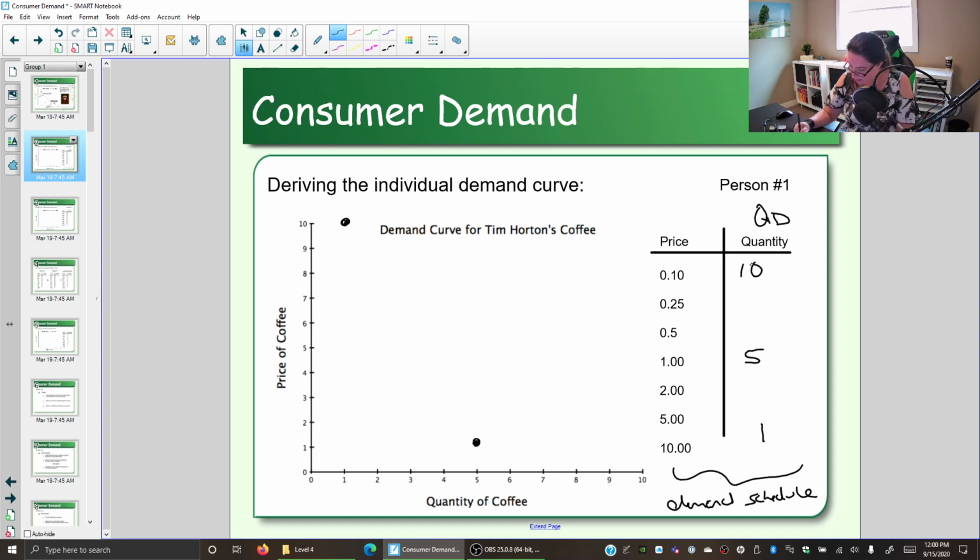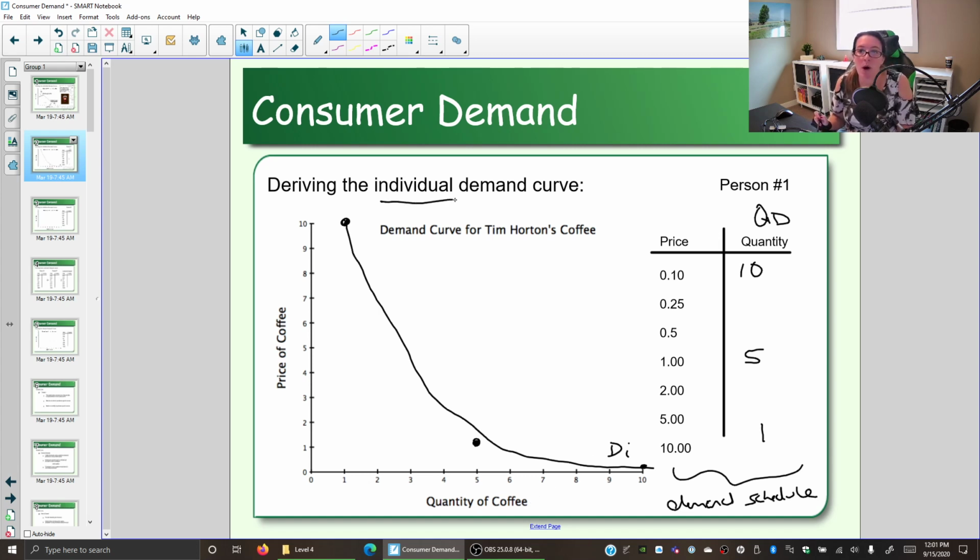Let's say at 10 cents, super cheap coffee, we're willing to buy lots because we super love coffee. Here we have an individual demand curve. We can represent it graphically as a curve, or we can represent it on a table as a demand schedule. In both cases, it shows how when prices change, the amount that we're willing and able to buy changes. It's an individual demand curve.